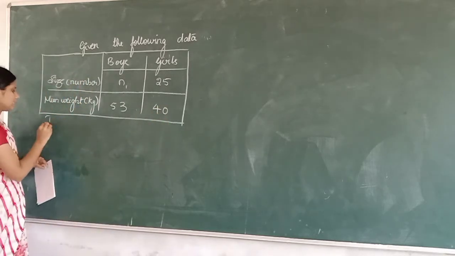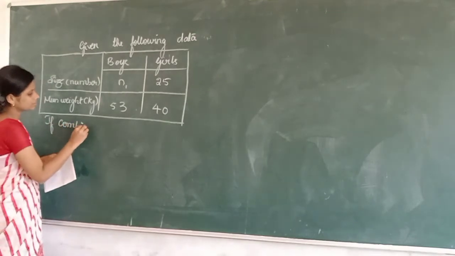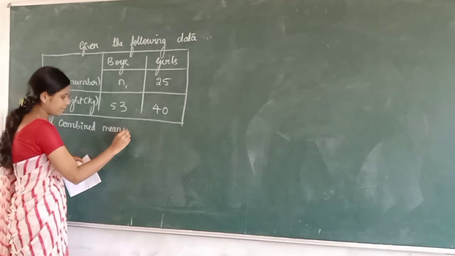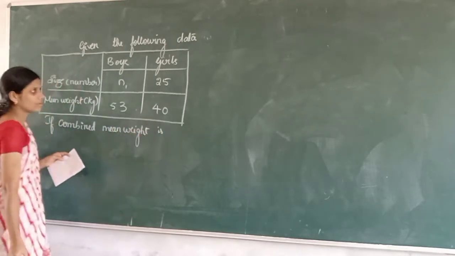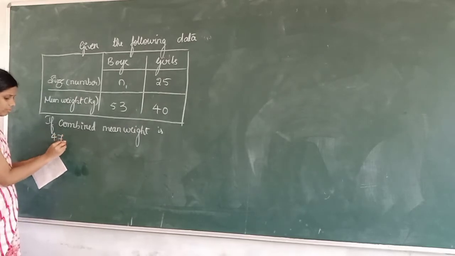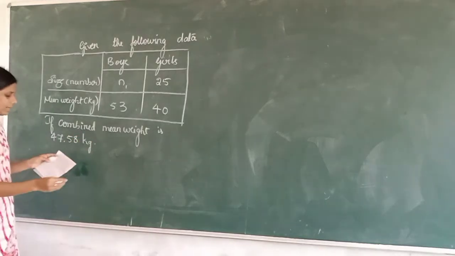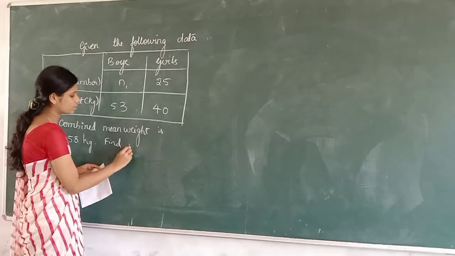And we are told that if the combined mean weight is 47.58 kg, find the number of boys.